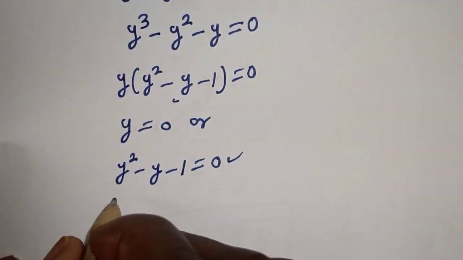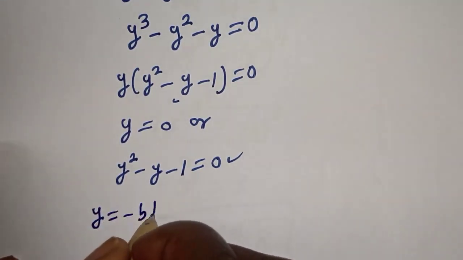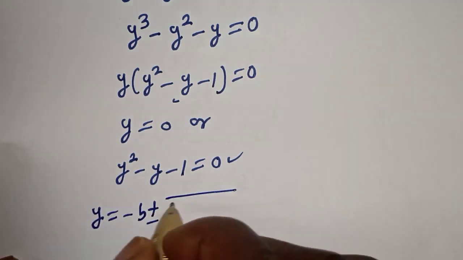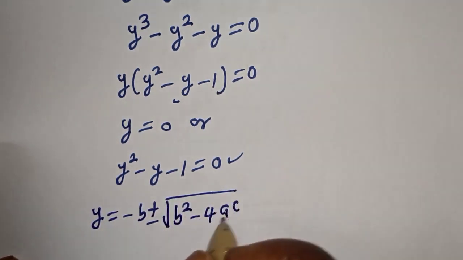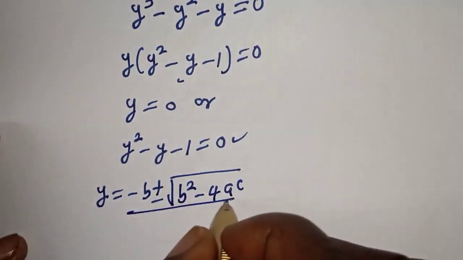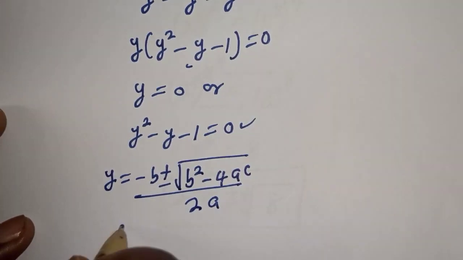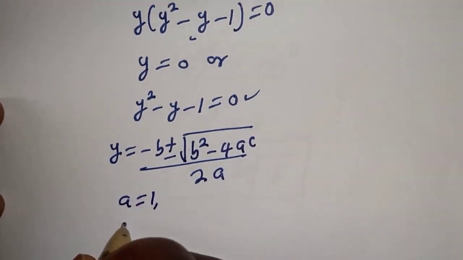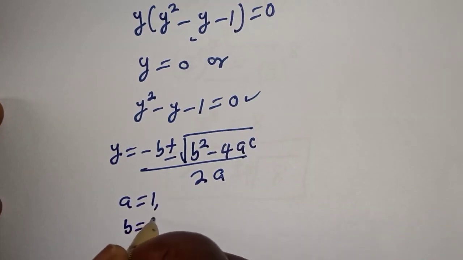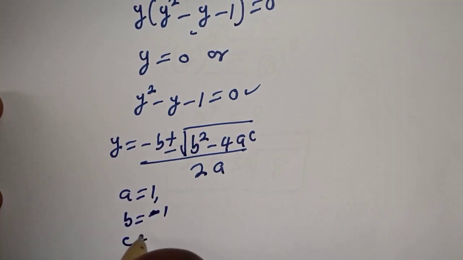Our quadratic general formula is giving us y is equal to minus b plus or minus square root of b squared minus 4ac over 2a. Then from this equation, a is equal to 1, b is equal to minus 1, c is equal to minus 1.